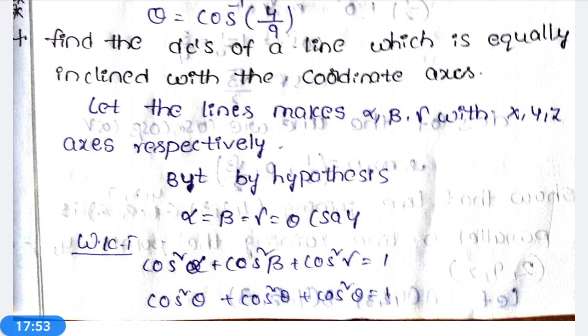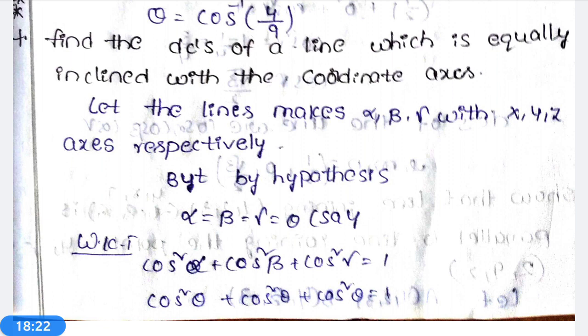Actually, a line makes alpha angle with x-axis, beta angle with y-axis, gamma angle with z-axis. But in our present problem, alpha is equal to beta is equal to gamma, say theta. So let the line make alpha, beta, gamma with x-axis, y-axis, z-axis. Then cos alpha, cos beta, cos gamma are DCs.